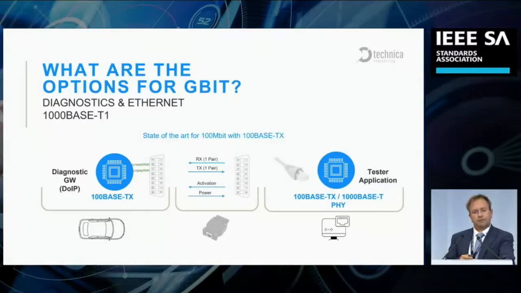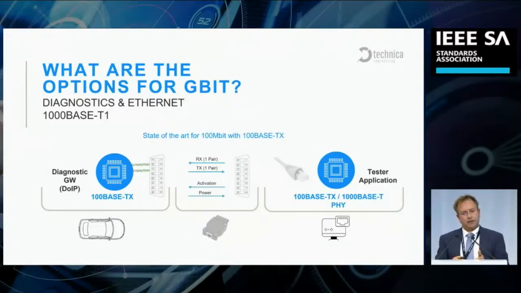Then you have a cable that's connected with two pairs, one RX direction, one TX direction for 100BASE-TX, an activation line and the power supply of the car. On the other side, you connect a PC with a special connector where this activation line is decoupled from the system, and the rest is still an RJ45 connection to a PC.